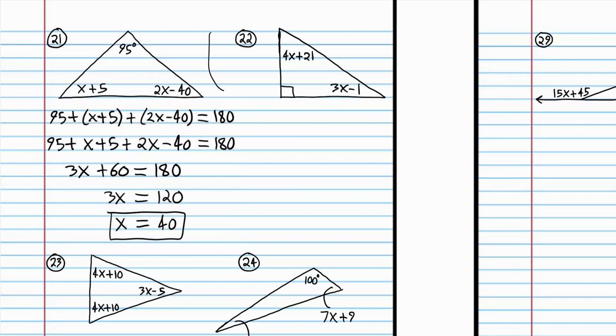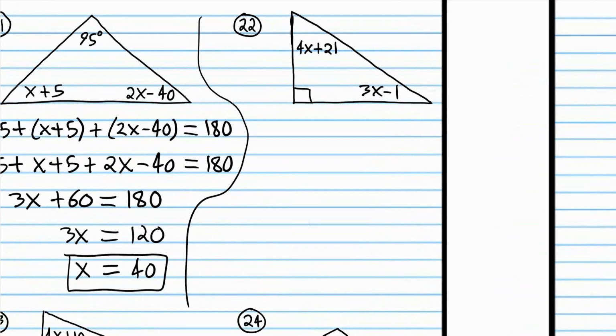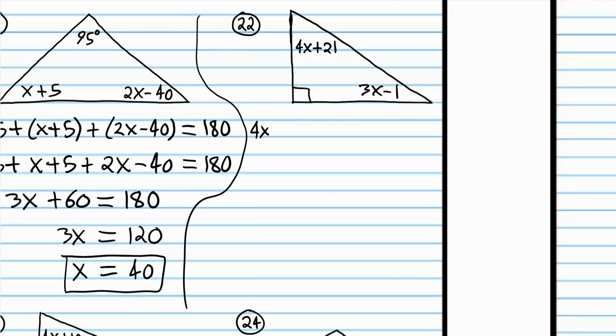All right, we're back. So 4x plus 21 is one angle, and then 90 degrees is another angle, and then 3x minus 1 is the third angle, and if we add all those up, we must get 180 degrees. That's the Triangle Sum Theorem.